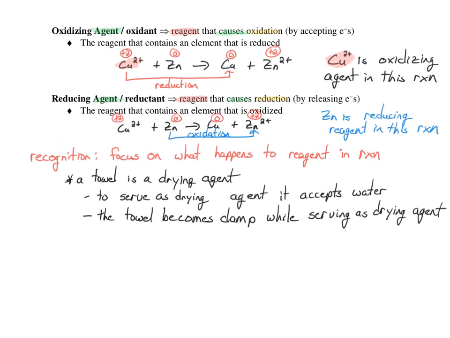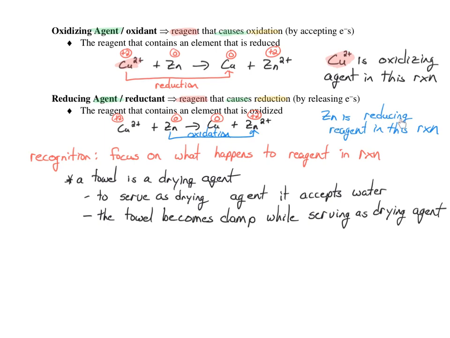Let's look at the same redox reaction and identify the reducing agent, the reagent that causes reduction. So if we look here, we see zinc is oxidized from 0 to 2 plus. It does this by releasing 2 electrons. These 2 electrons are accepted by the copper 2 plus, and the copper 2 plus is reduced from 2 plus down to 0.